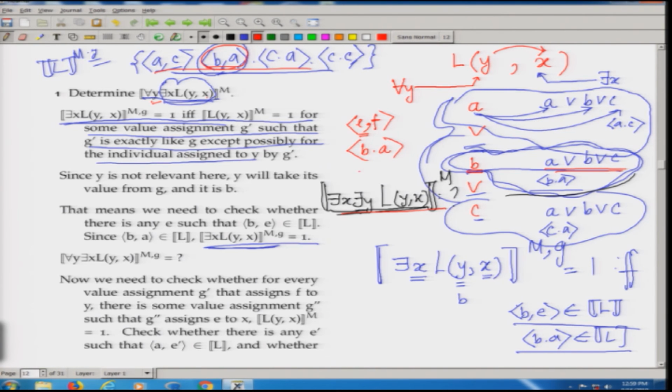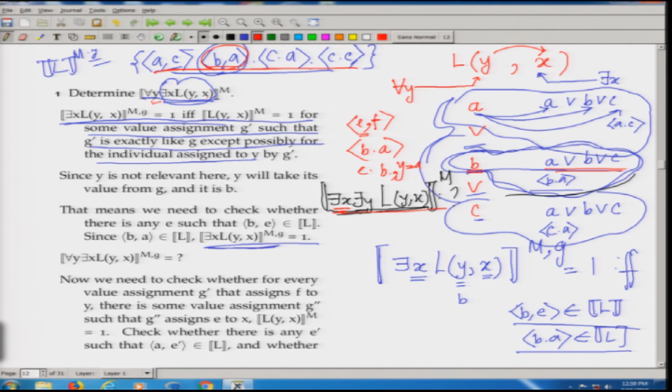So if E is B and Y is A, then EB belongs to the denotation of L. Just by checking at least one part here, you have checked the entire thing. That is the reason; when it comes to all you have to check all cases, but when it comes to some, it would be very easy for us.